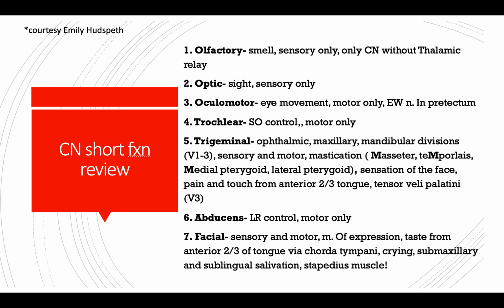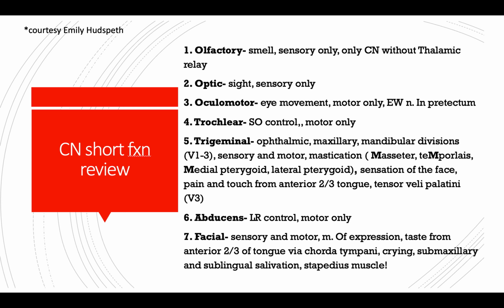Trigeminal, that one you have your V1, V2, V3. That will do sensory of the face: V1 for above the eyebrow, below the eye for V2, and then your chin for V3. Chin and upper lip for V3, rather. And then it's also a dual nerve, so that means it has sensation of the face, but it also does general sensation like pain and touch on the anterior 2/3 of the tongue.